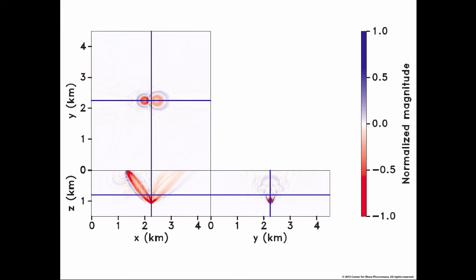One is from the source to the image point, and the other branch is from the image point to receivers. Remember that in this case we have receivers all over the surface, so the magnitudes of these two branches are different. So in this case, we see that the gradient we compute is from the surface to the image point.